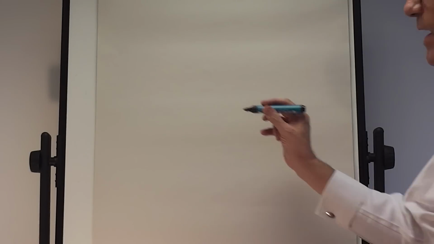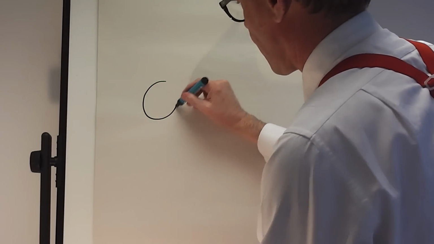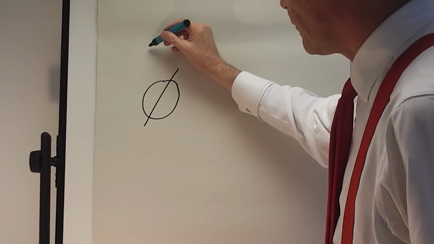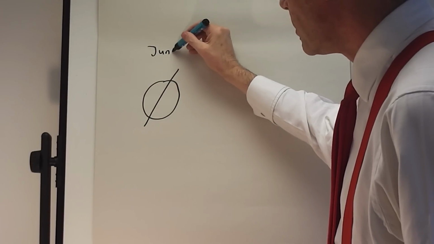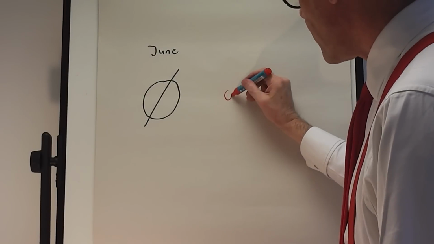Let's talk for a moment about the seasons. The Earth is tilted at an angle to the sun. So this is the sun here.